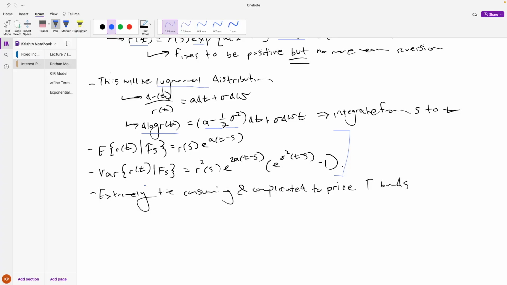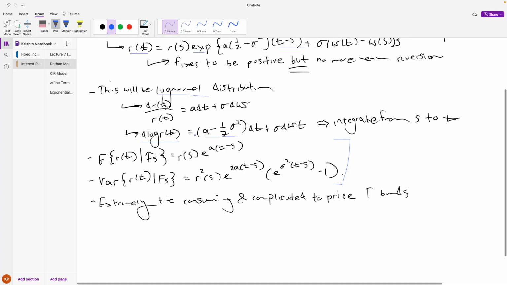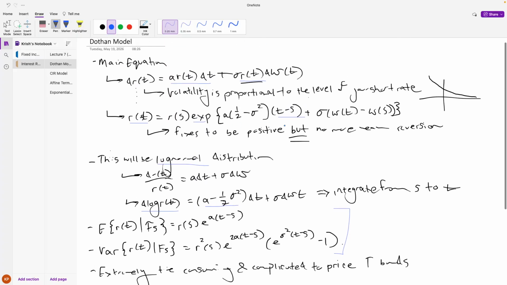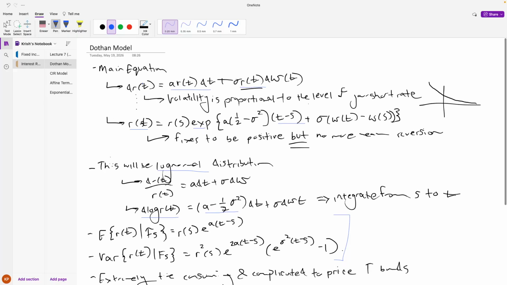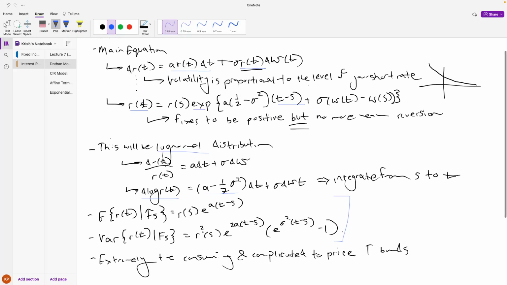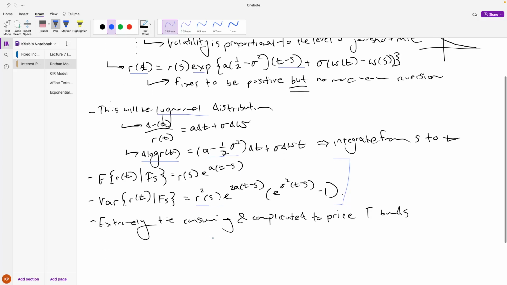With the Vasicek model, it was very, very simple because we were able to do affine term structure. It was a linear approach. With Dothan here, this is not a linear approach at all, okay? And the reason this is the case is because when you go ahead and take the square of this to get your variance, you're ending up with a value that is not linear at all. It's quadratic.